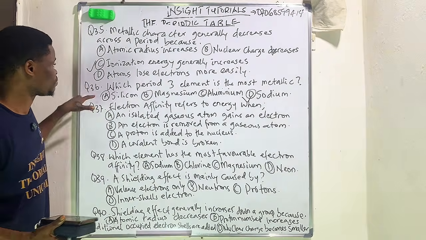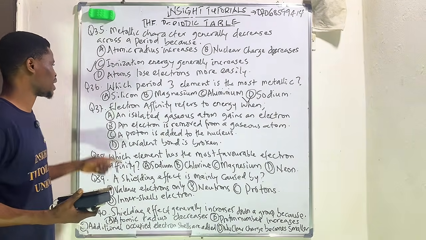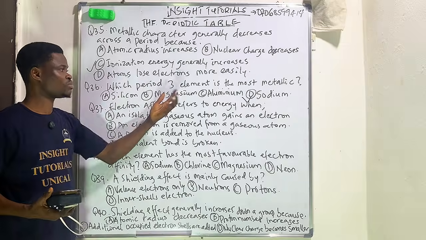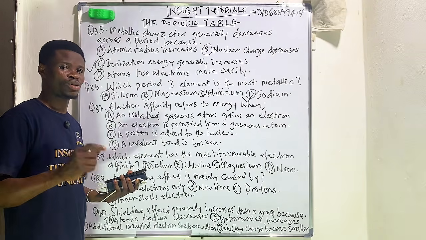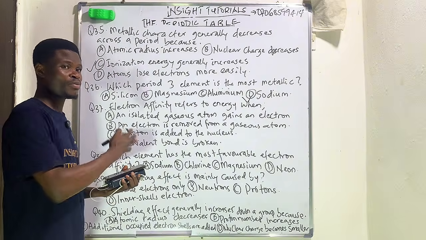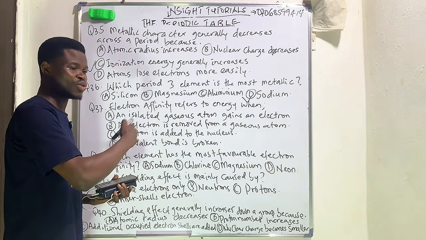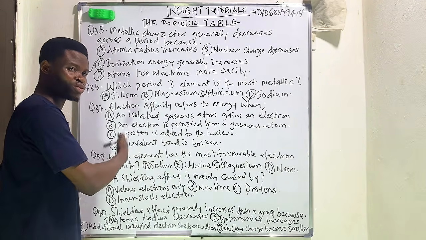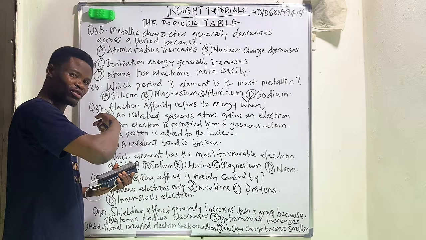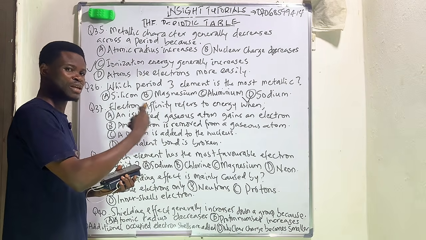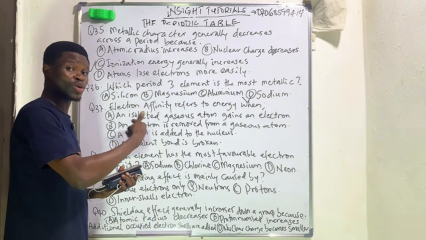The next question asks which period 3 element is the most metallic? A says silicon, B says magnesium, C says aluminum, and D says sodium. Now you need to know that metallic character, if you're moving from left towards right, decreases because you're moving from metals towards non-metals. If you're moving from right towards left, there's an increase in the metallic ability of elements.